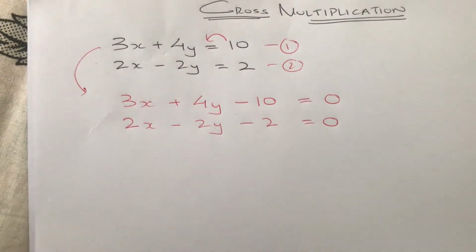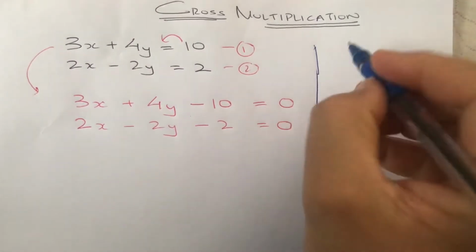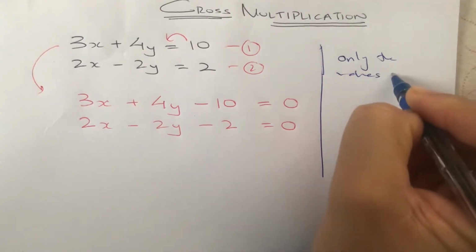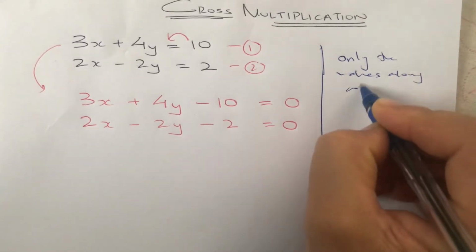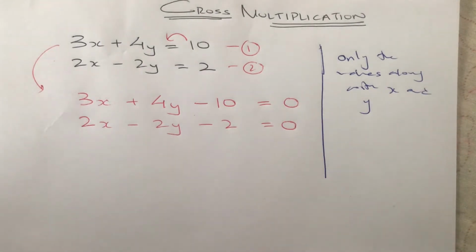Now in the cross multiplication method, the most important thing is that we will be focusing only on the values along with x and y. In mathematics we usually consider the coefficients, but some of you may get confused with that word.